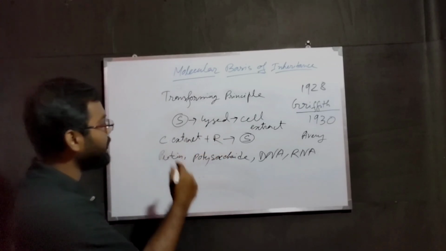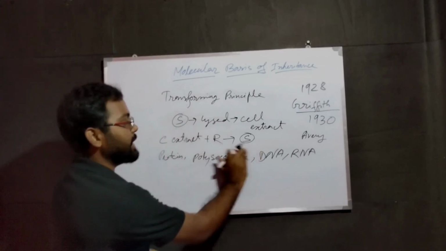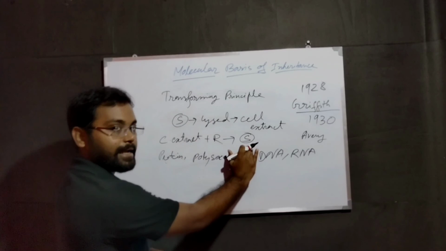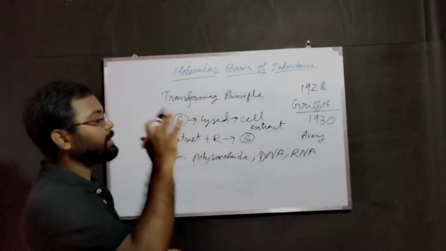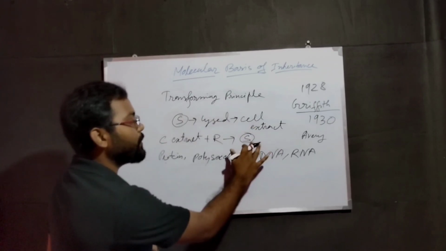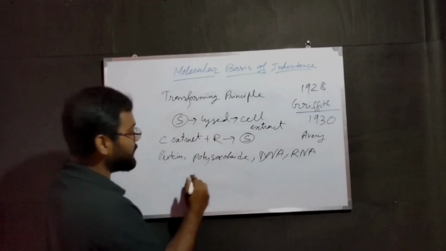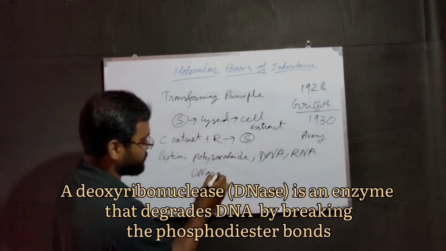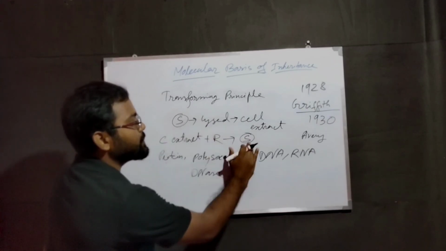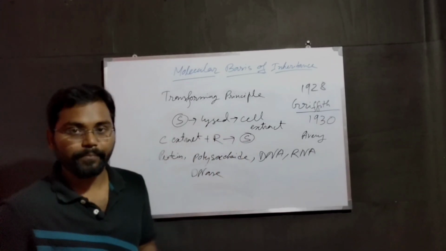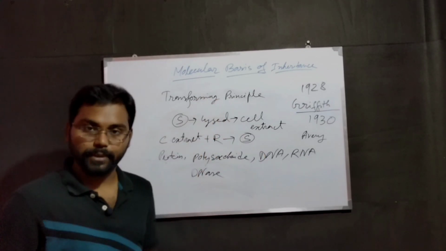That means when they used protease on the cell extract, the result is the same: R is transformed to S. When they destroyed polysaccharide, then also R is transformed to S. But when they used DNase, R is not transformed into S. So they concluded that DNA is the transforming principle.